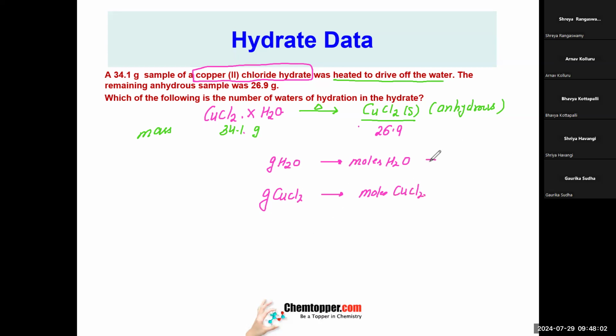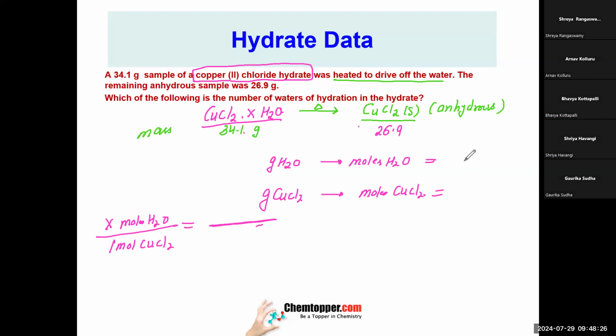Then we'll take the ratio that X moles of water from this formula divided by 1 mole of CuCl2 is equal to the ratio.